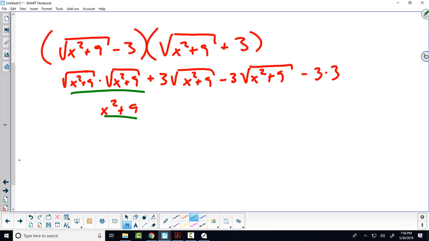Right. And then we get minus 9. That's the wrong color. And we get this right here, which is minus 9. That's for this term right here. Okay? So I will usually just do that in my head, folks. Why? Because it works the same way every time. So I don't even actually think about multiplying it out. I just say, okay, it gives me that expression minus the product of those two.